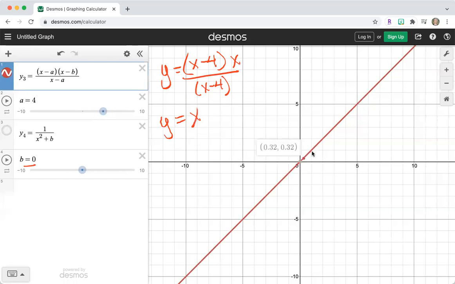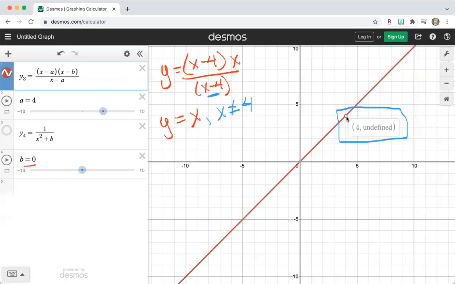But if you notice, because that x minus 4 was in the original denominator, we have to write x cannot equal positive 4 because of this x minus 4 in that denominator in the original function.